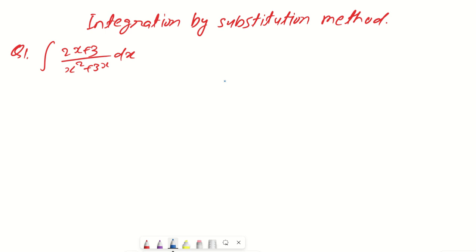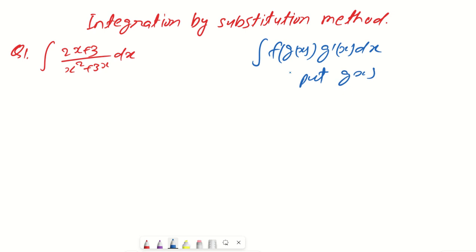So let us say we have integration of this form. Some function is there. Let's say f of g(x) into g'(x) dx, where g'(x) is the differentiation of g(x). So can we do one thing? Let us put g(x) equal to some variable u.